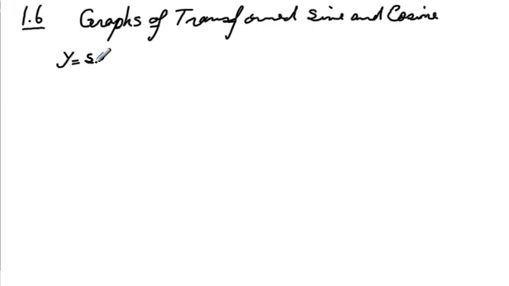We said the basic function is either sine or cosine. We take this thing and move it around in all sorts of ways. We have half a dozen ways of kind of modifying the picture.